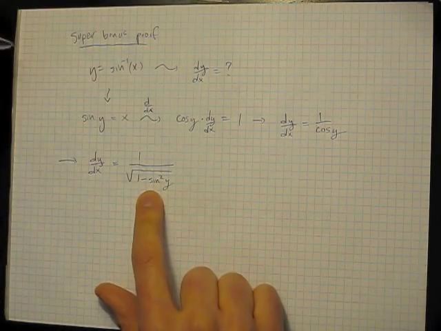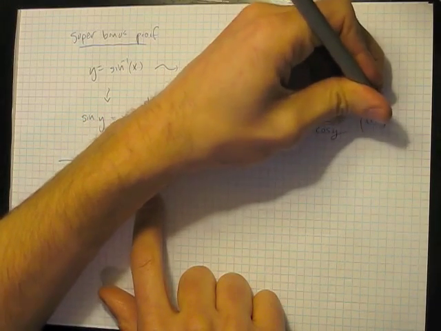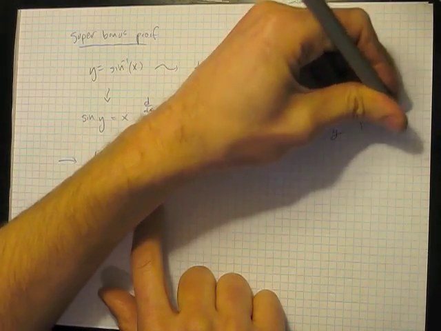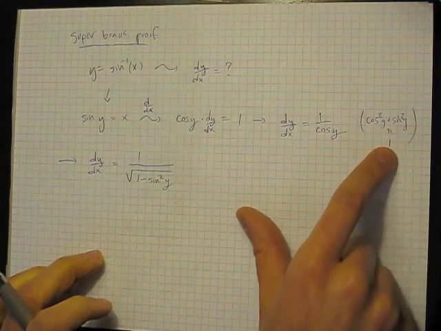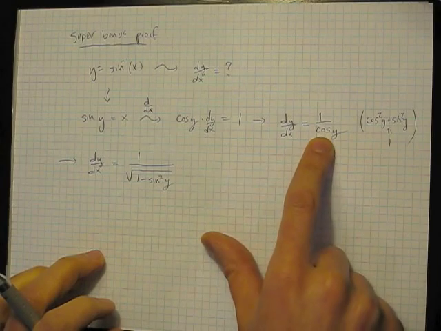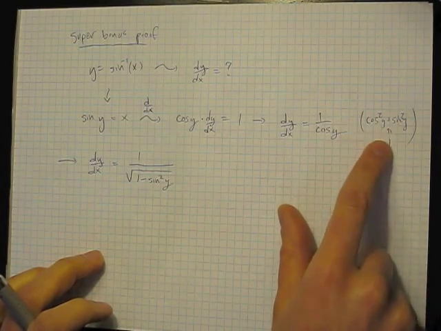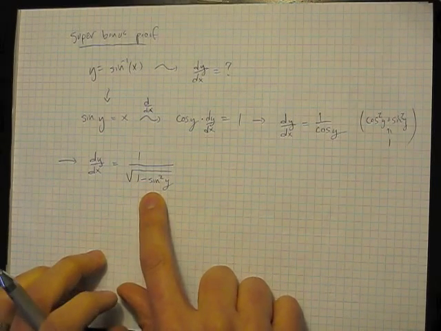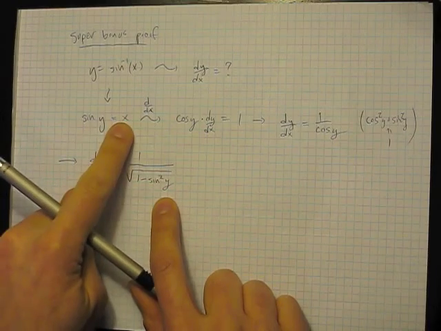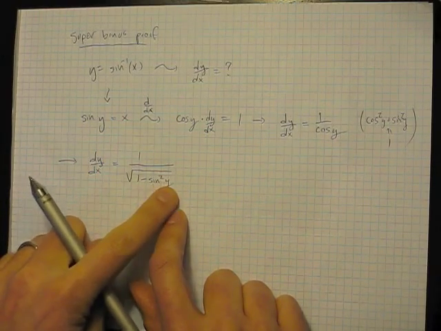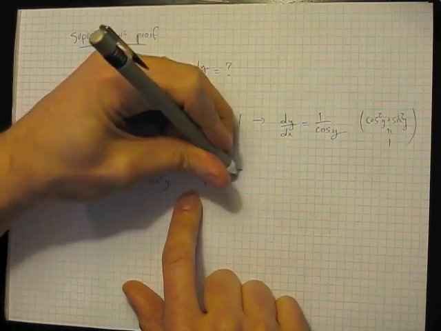This is using the fact that, of course, cosine squared y plus sine squared y equals 1. So all we've done is replace cosine of y by solving this for cosine of y. But now remember, sine of y here is equal to x. So we've got sine y squared here, so this simplifies to be this.